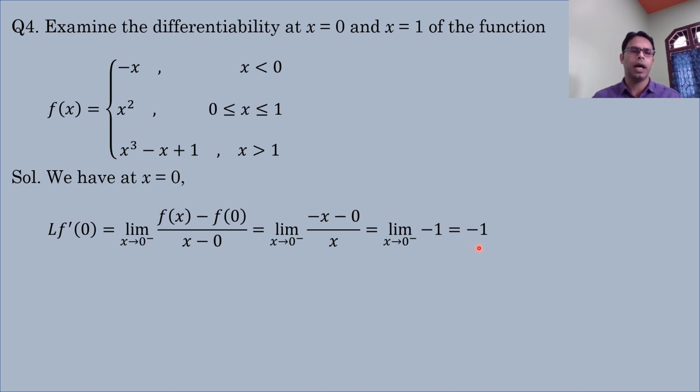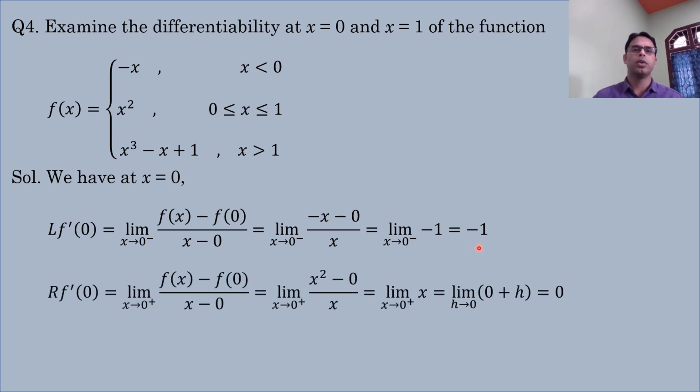Similarly, you find Rf'(0). This time it is slightly different, it is just 0 plus, and f(x) minus f(0) are all the same thing. Here x tends to 0 plus, so x should be taken as greater than 0, because here x is less than 0 and here x is greater than 0.